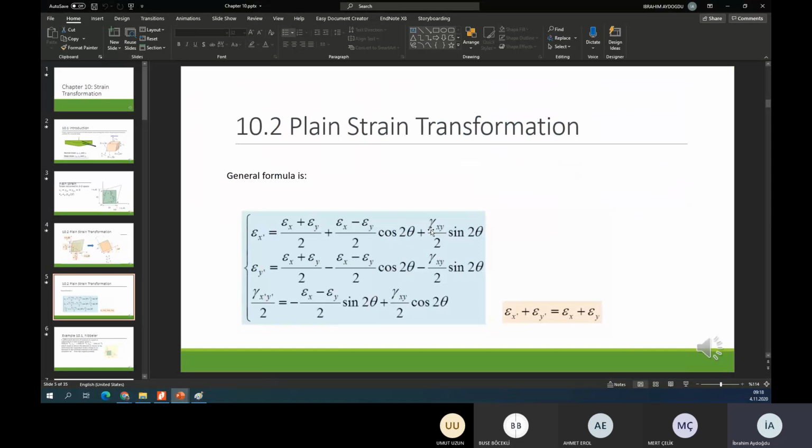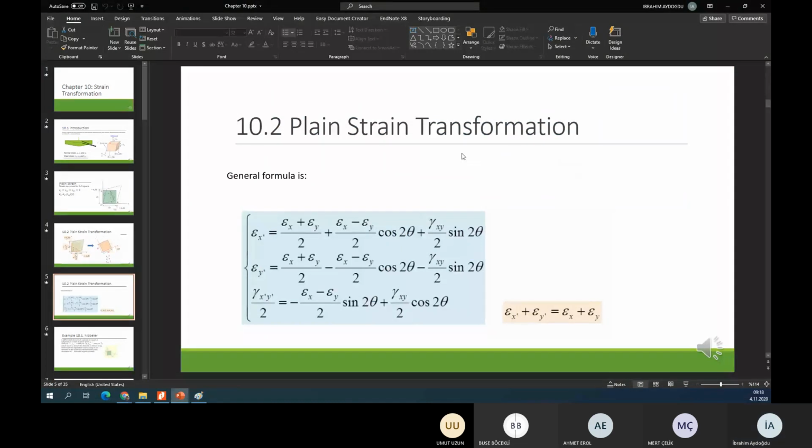So if you memorize the stress transformation equations, you don't need to memorize the strain transformation equations because they are almost the same. You just remember that you should write gamma xy divided by 2 for tau xy.